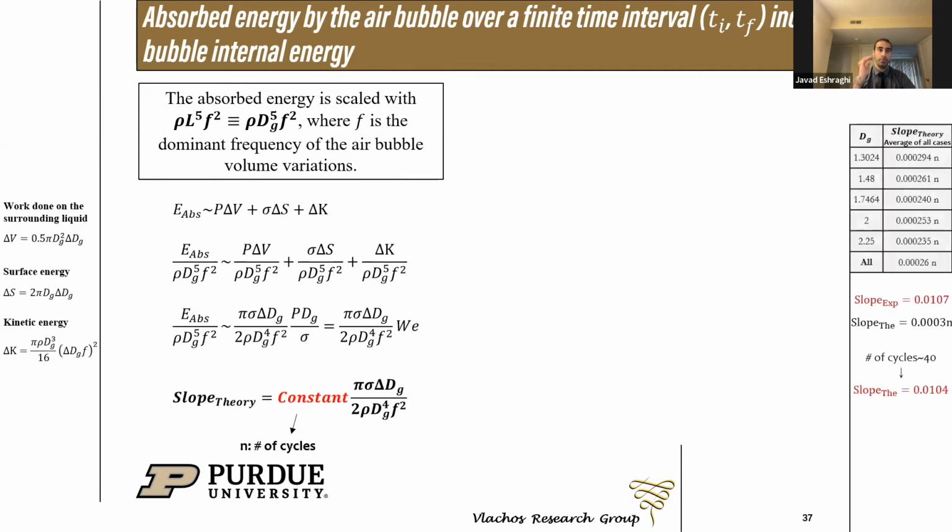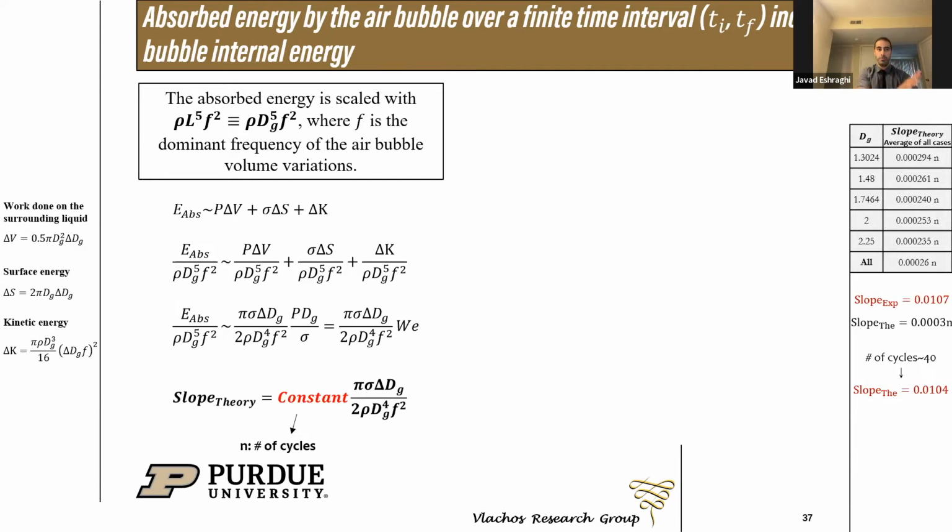We know that the absorbed energy by the air bubble increases the bubble's internal energy. And the internal energy is the sum of the work which is done on the surrounding liquid by the changes in the air bubble's volume and the changes in the surface energy due to changes in the surface area. And lastly, the changes in the kinetic energy of the bubble, which can be formulated as those equations on the left.